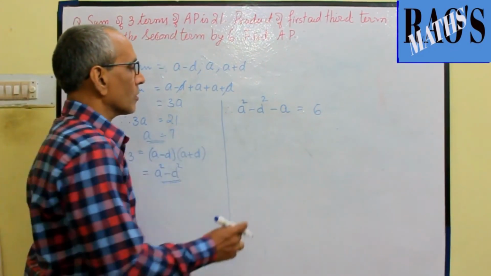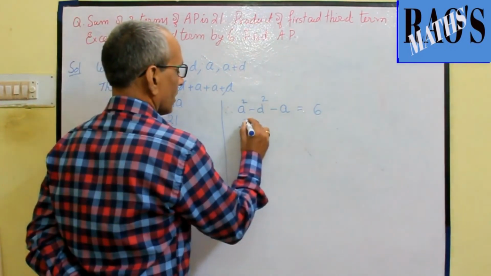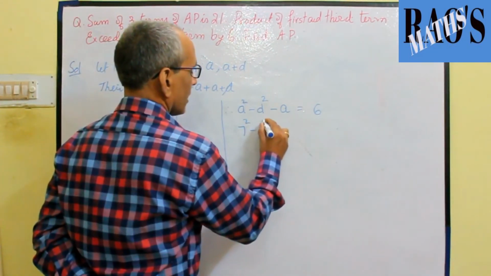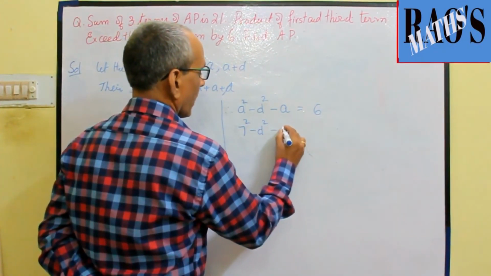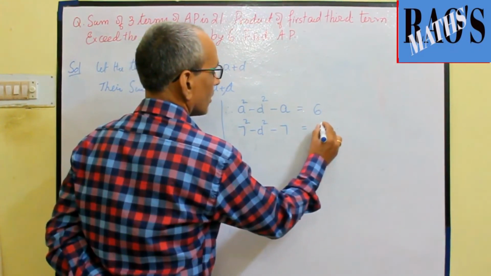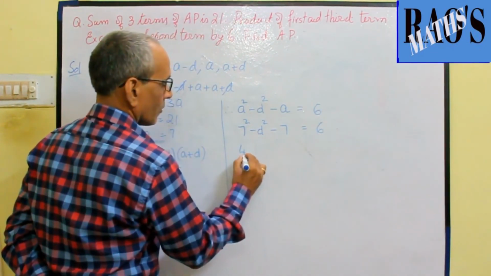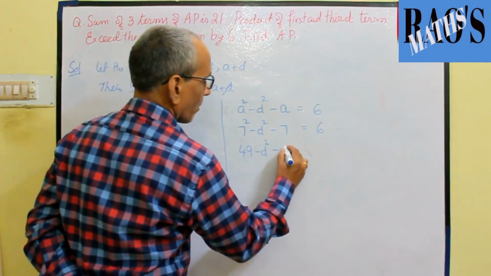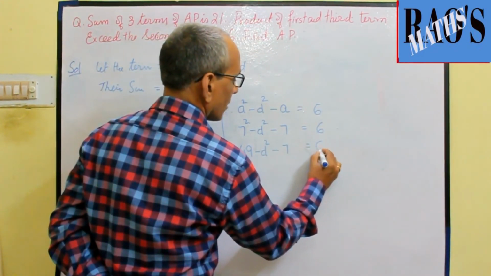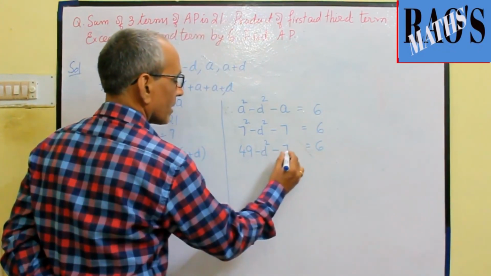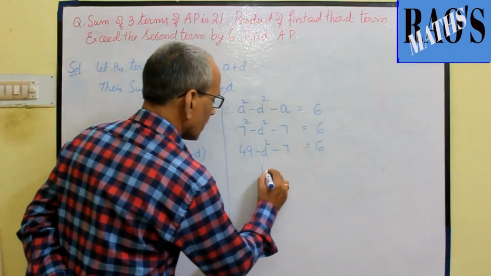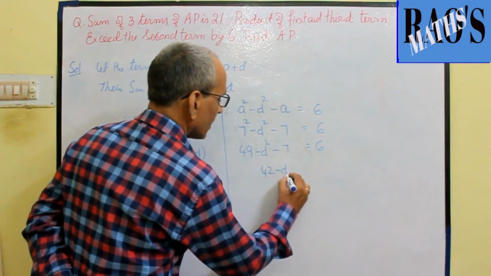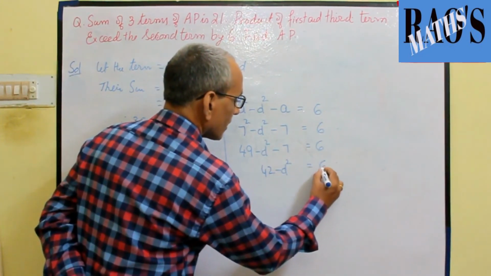Okay. You know the value of a, that is 7. Substitute 7 throughout. So 7 squared minus d squared minus 7 is equal to 6. So 49 minus d squared minus 7 is equal to 6. 49 minus 7, 42 minus d squared is equal to 6.